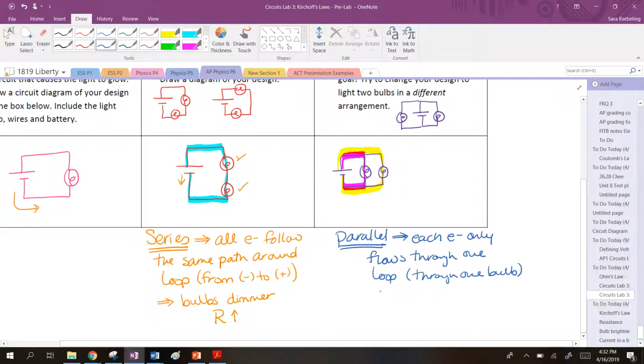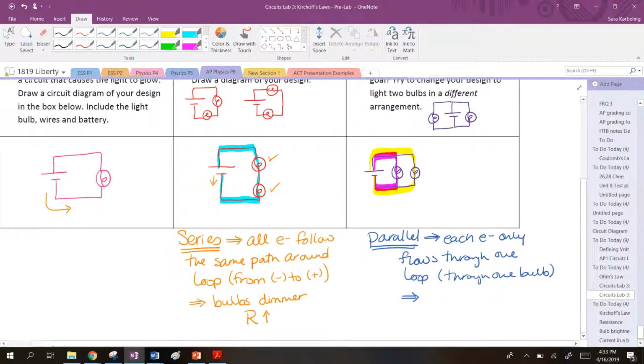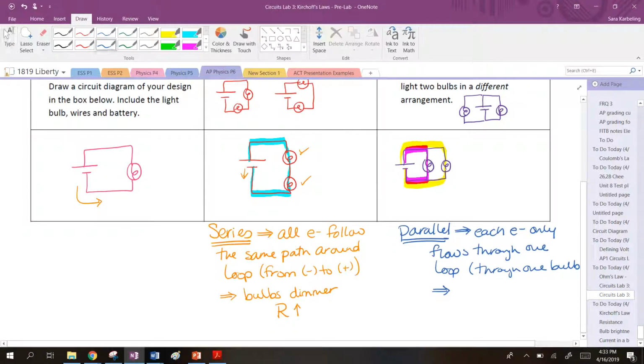You certainly noticed that the parallel was different from the series in terms of brightness, but in actuality, the bulbs are brighter in parallel than even just one bulb alone, because the resistance goes down. There's less resistance because there are more paths, more ways to get from high to low.